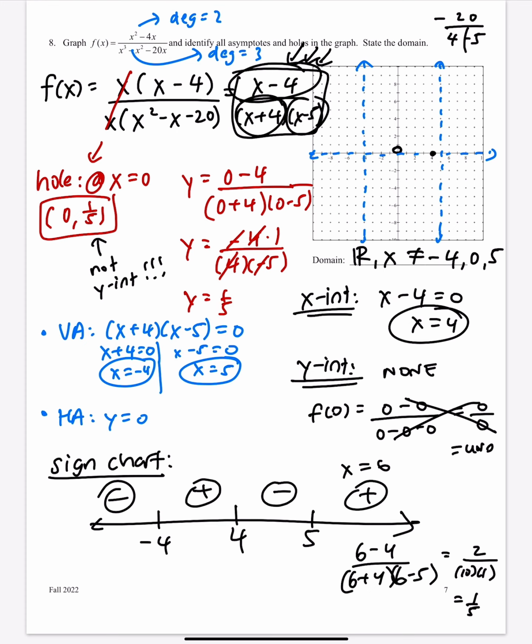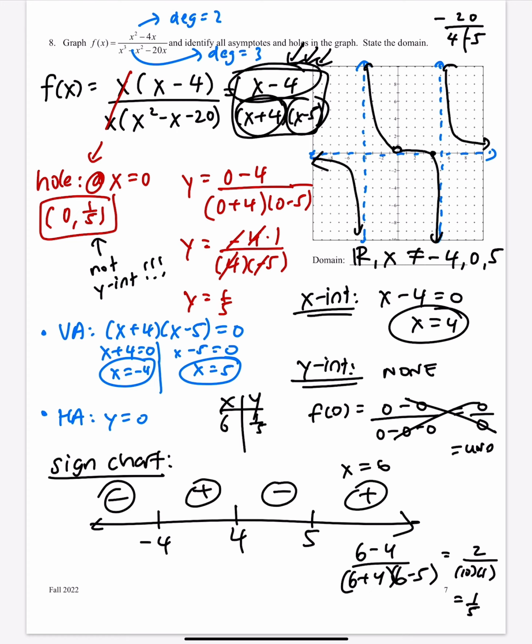That means that this is going to look like this. Positive. This is negative. Positive here. Of course, positive again. And left of negative 4, it's negative. If it's a quiz, you probably should take out a calculator and make a table of values. You should plug in like 6, we got 1/5.